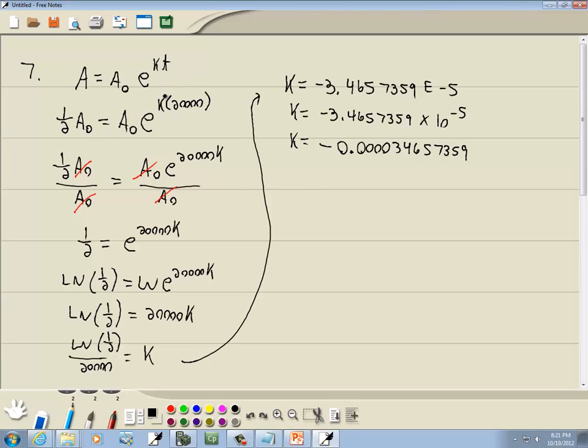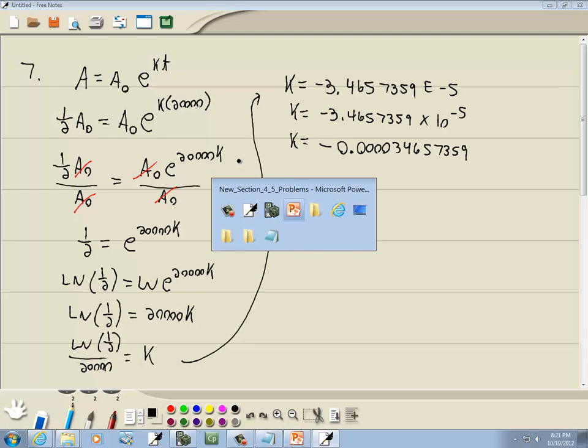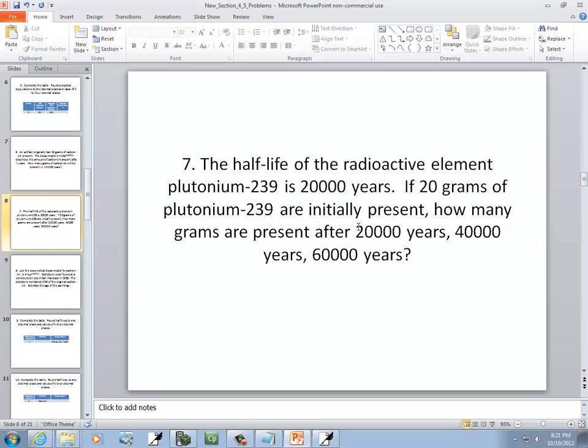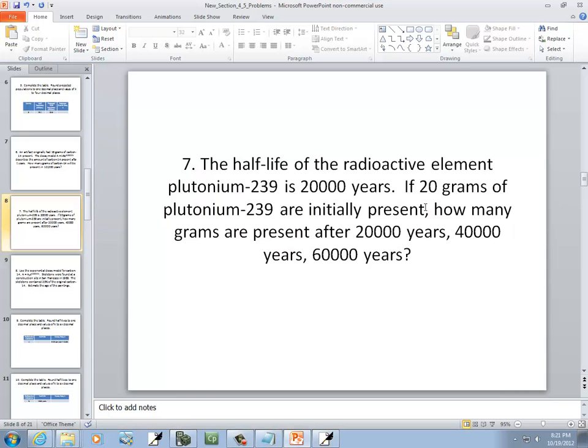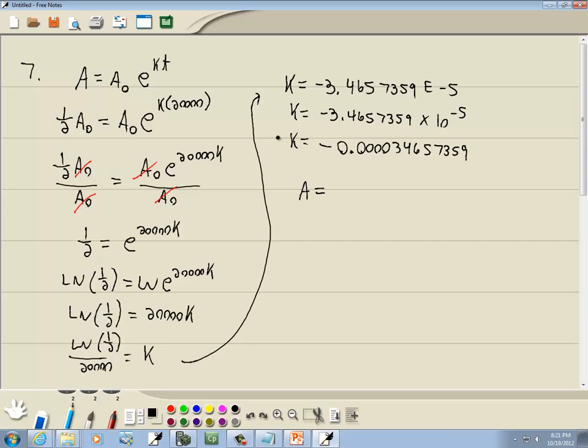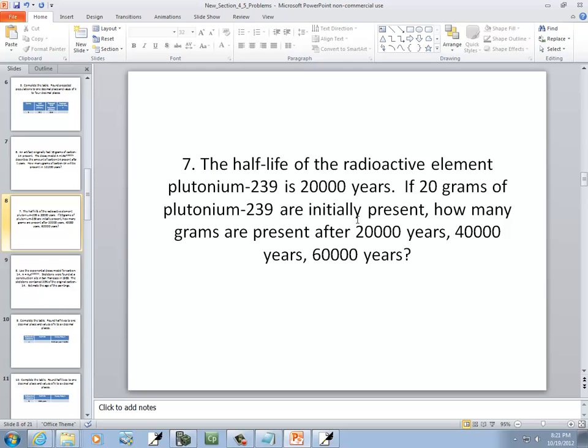Okay, so our formula now: A equals. It says if 20 grams of plutonium are initially present, well, if 20 are present, that's A sub naught, e to the K, which is negative 0.000034657359 T. So they give us A sub naught, the 20 grams initially present.